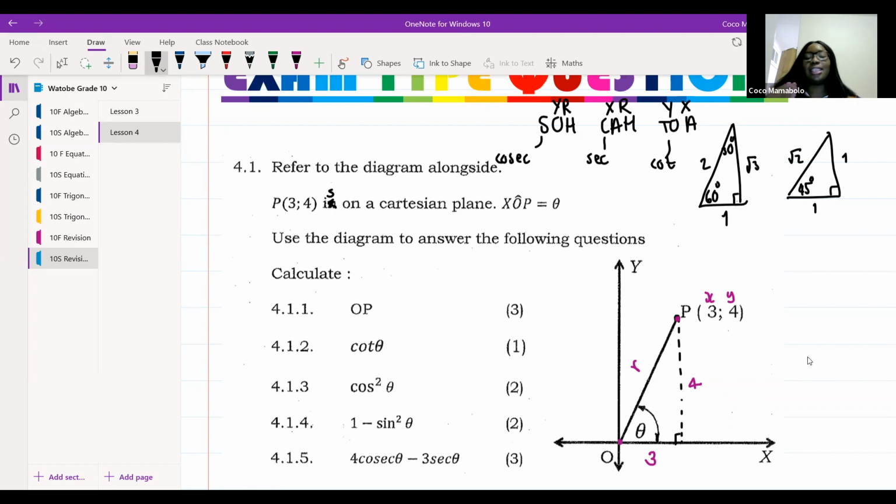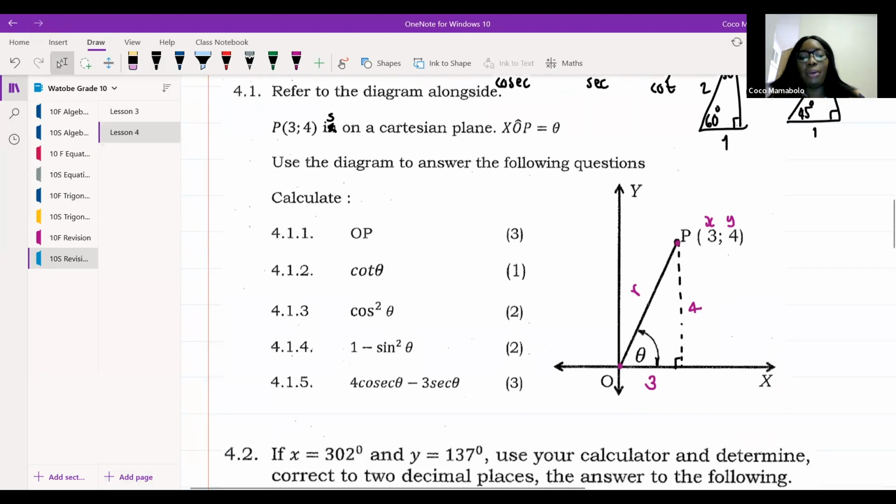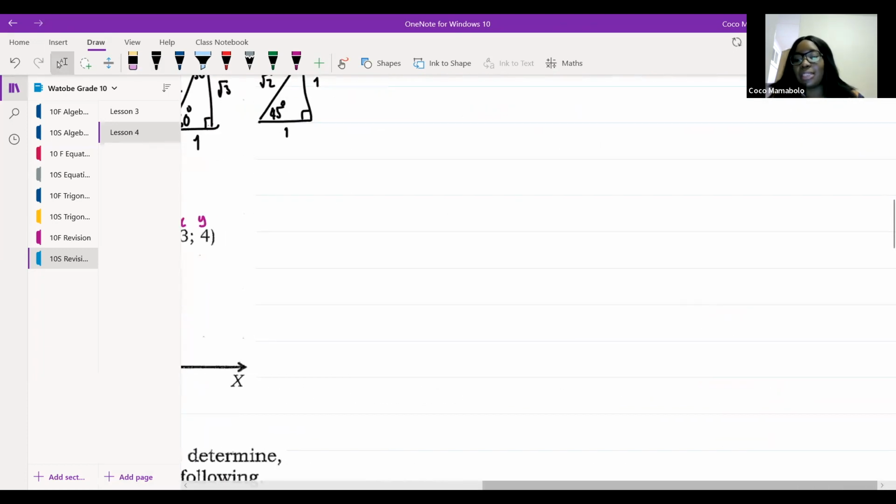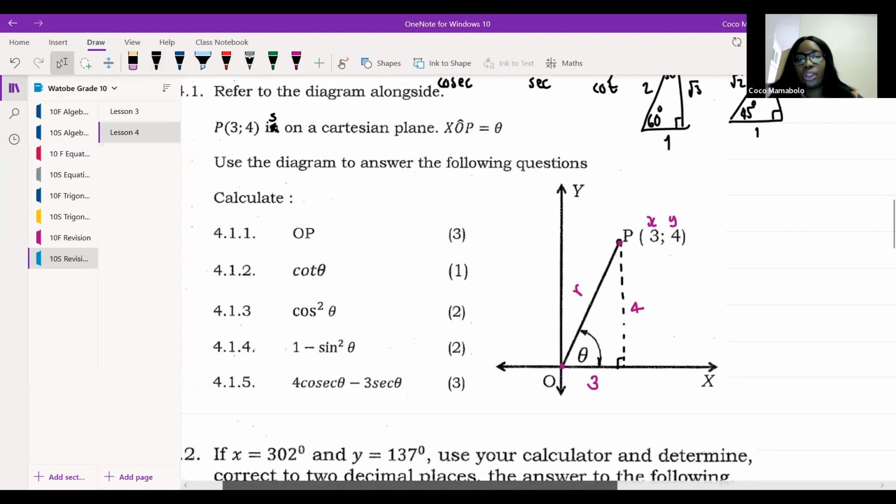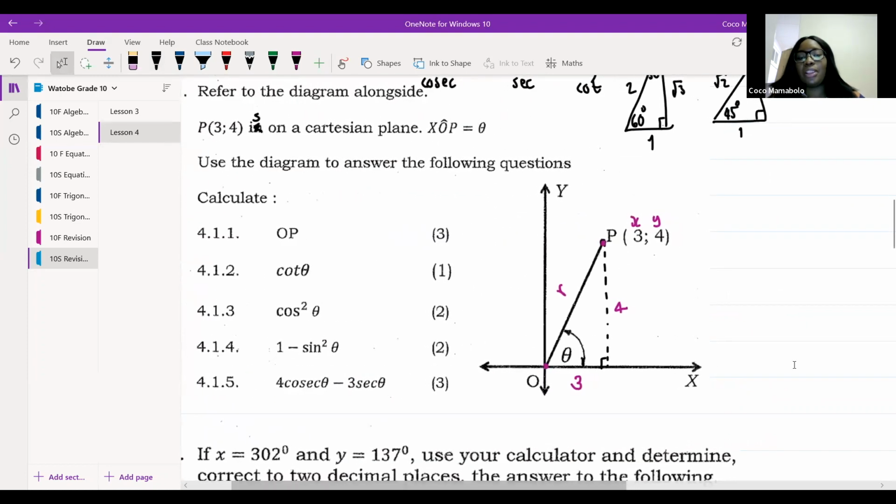SYR, CXR, and TYX. Now we're going to answer the questions that we have alongside here. I want you guys to give these a try. Give me a thumbs up in the chat once you're done with 4.1.1, 4.1.2.